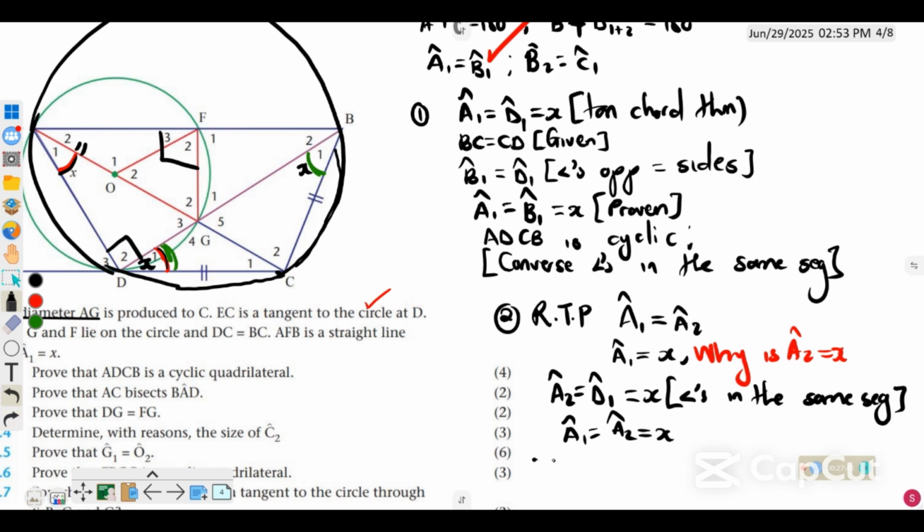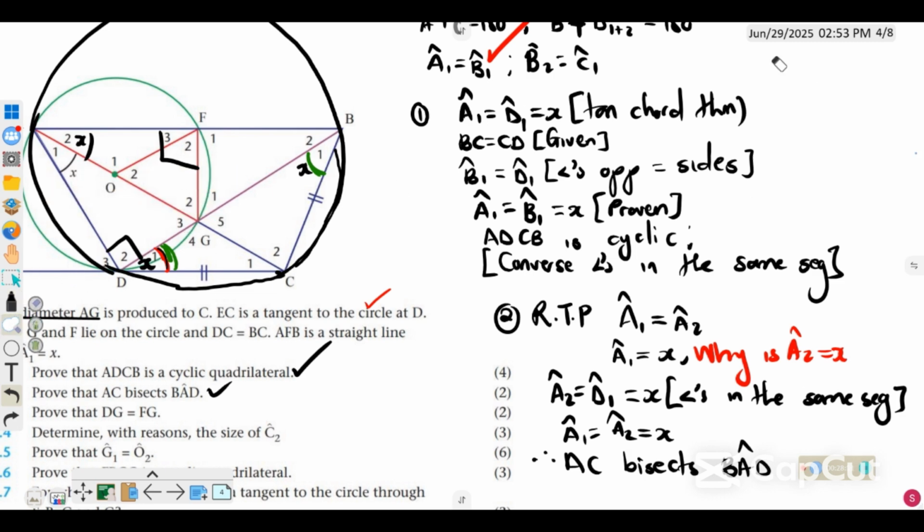This is proven. Therefore, the line AC, not BAD, the line AC bisects BAD, which means now we have an x even for that. So you see, that's how it goes.